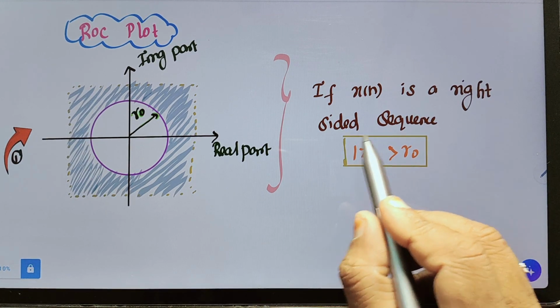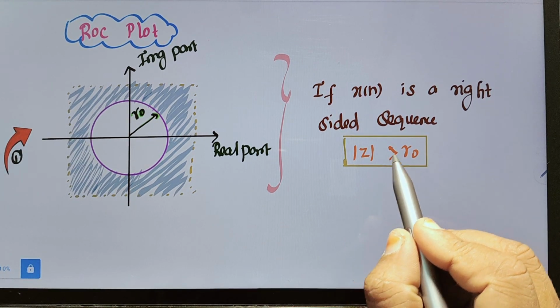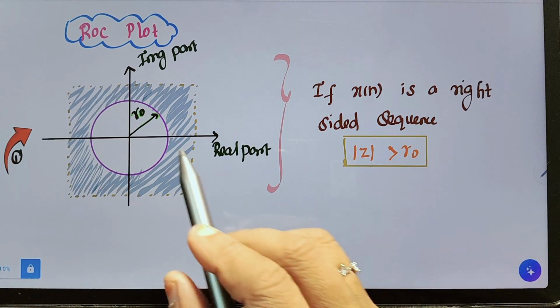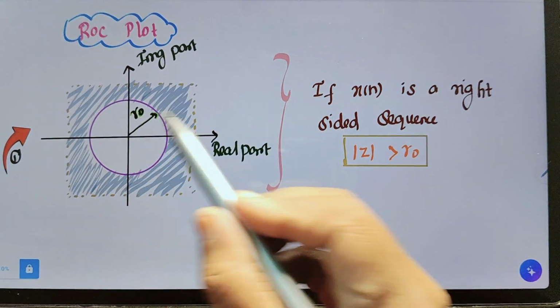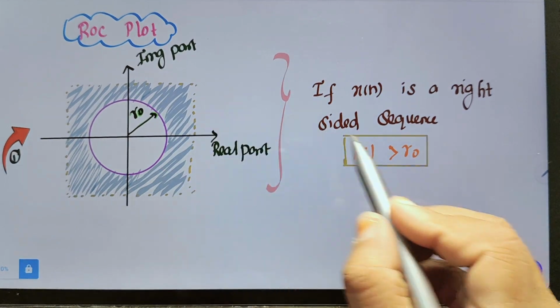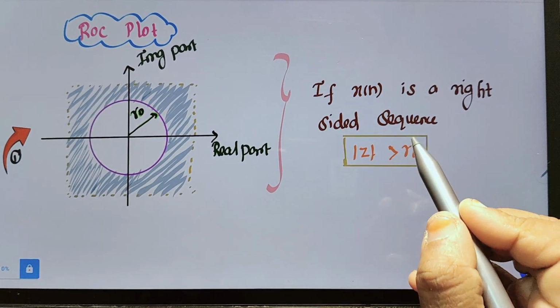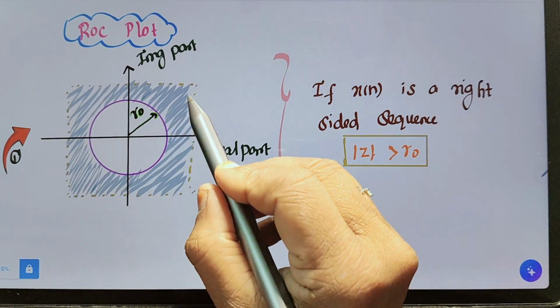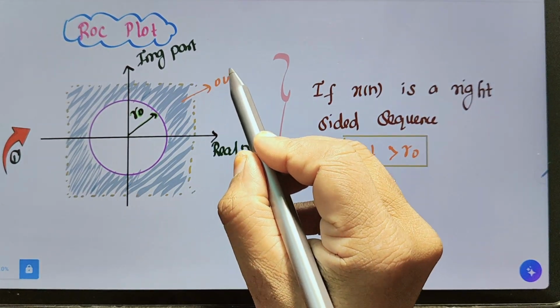See the condition: modulus of Z greater than R0. That means the Z plane is greater than R0, so it is the outside range, the outer area of the unit circle.